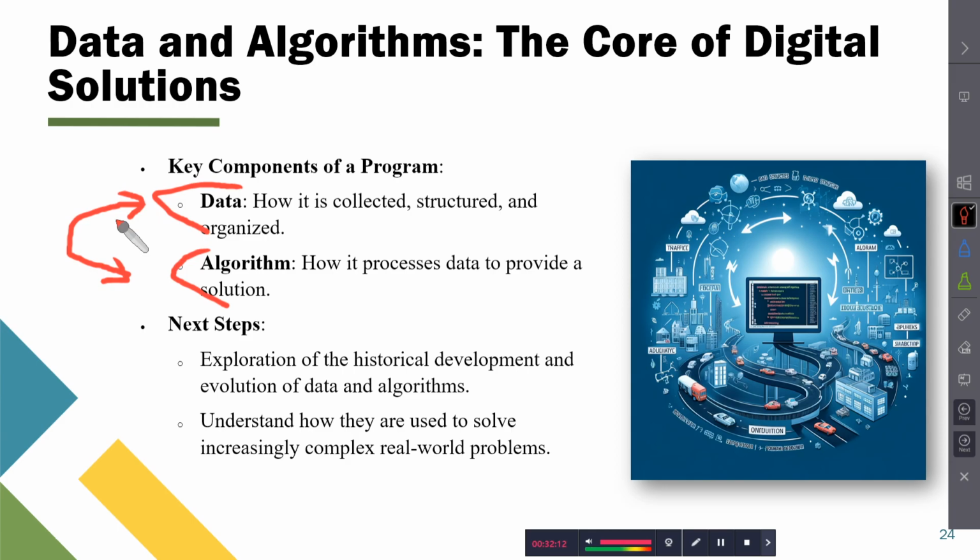like data-driven algorithm selection, choosing the right algorithm based on the data characteristics, or algorithm-driven data collection, using an algorithm to determine what data to collect, and interactive improvement, meaning refining the algorithm based on new data and vice versa.